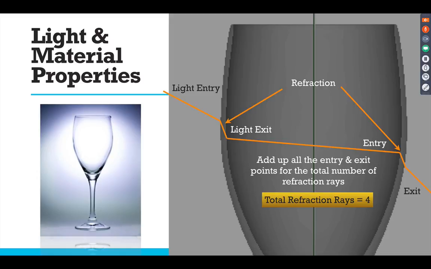All right, so we have our wine glass here. We've got geometry inside of it, ever so much smaller than the faces we actually modeled originally.